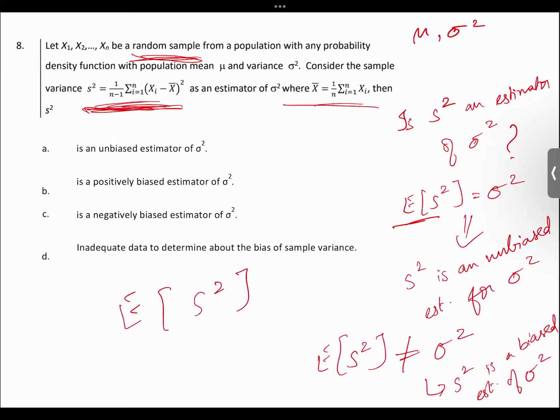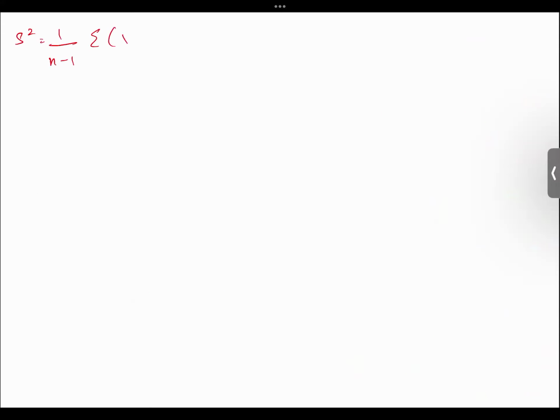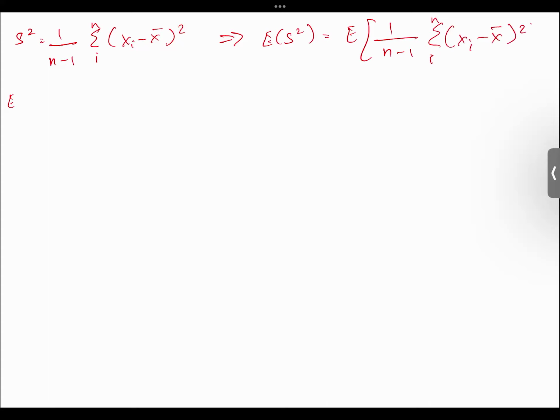the expectation of S square. The formula for S square is given here. S square is equal to 1 by n minus 1 summation of xi minus x bar the whole square. So the expectation of S square is equal to the expectation of 1 by n minus 1 summation i to n of xi minus x bar the whole square.